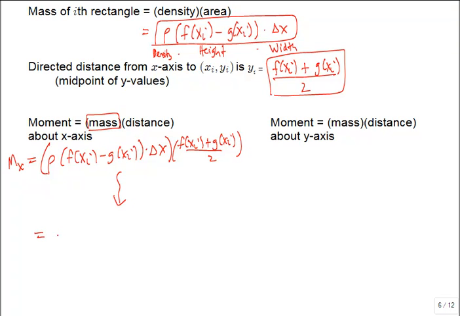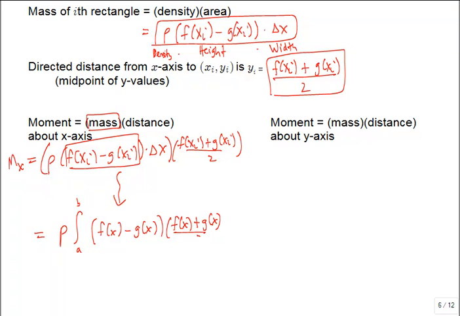So this is going to turn into the integral, I'm going to pull that rho out front, from a to b of f of x minus g of x, that's from this part right here, times f of x plus g of x all over 2, that's from this part right here, and the delta x turns into a dx. So this is going to be our formula for the moment about the x-axis when we have an irregular planar lamina shape. All right, now that's just the moment about the x-axis.